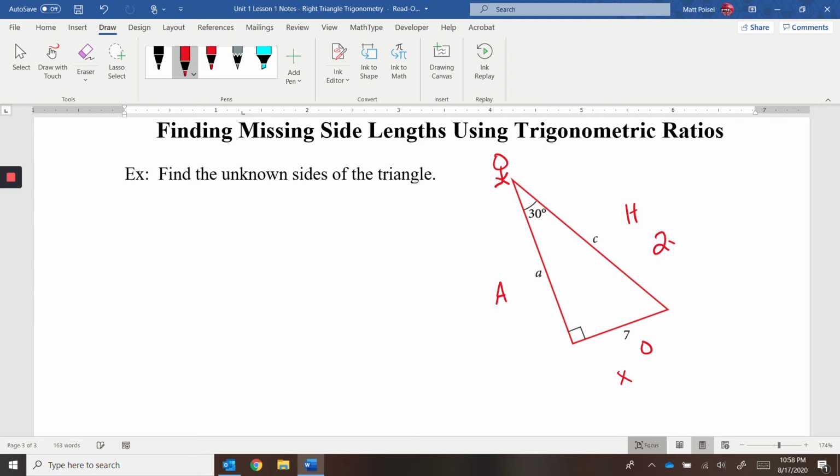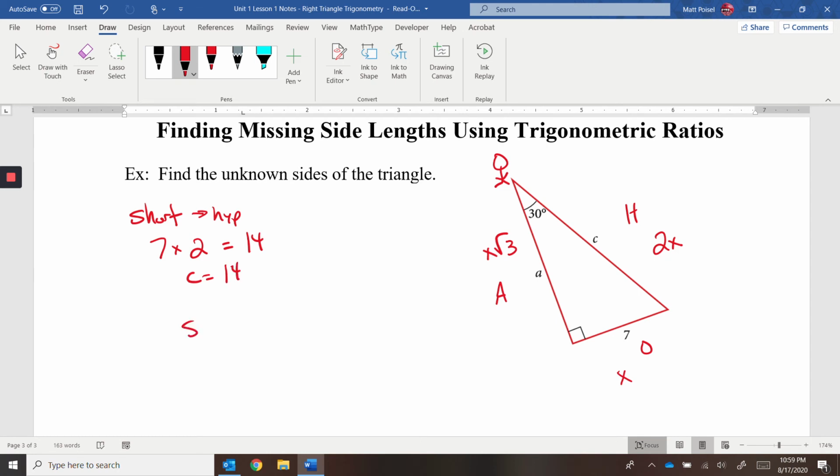The hypotenuse is 2x, and the adjacent is x times the square root of 3. So this one's actually really easy. It's actually easier to use these special right triangles to go from our short to our hypotenuse. We're just going to multiply 7 times 2, and we're going to get 14. So that means that C equals 14.